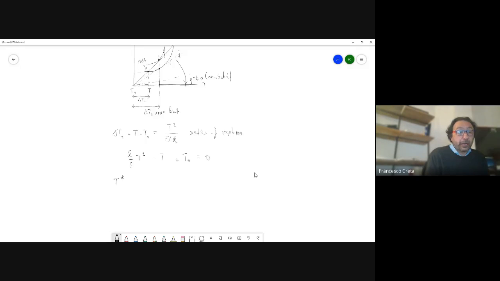The solution of this quadratic would be something like E over 2R times 1 plus or minus the square root of 1 minus 4RT0 over E. Regardless of this expression here, which do we choose? Do we choose the plus or do we choose the minus sign?